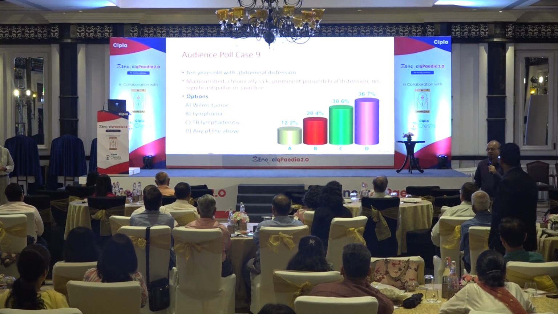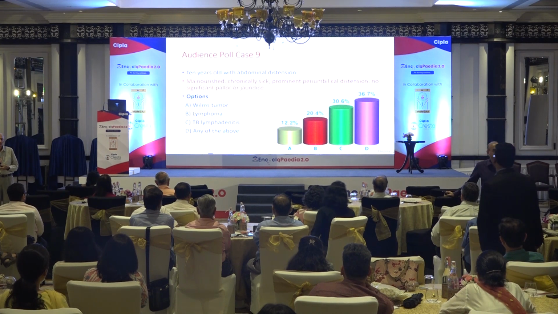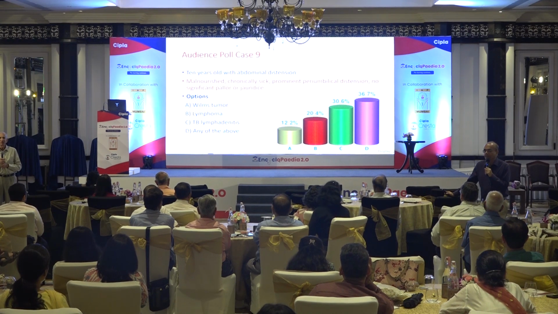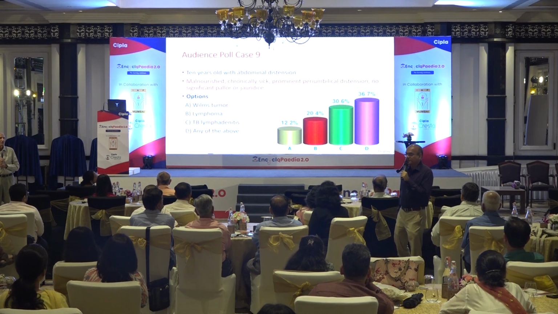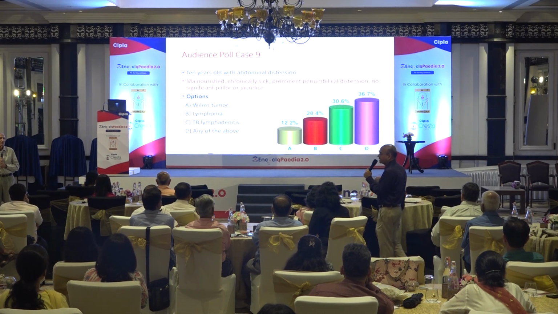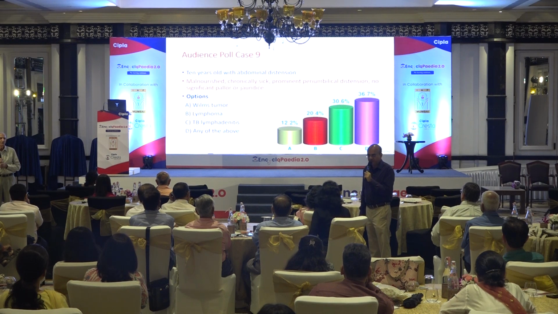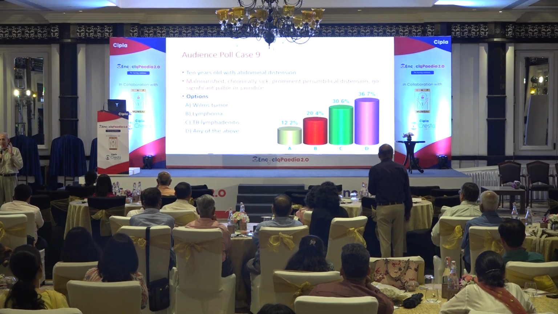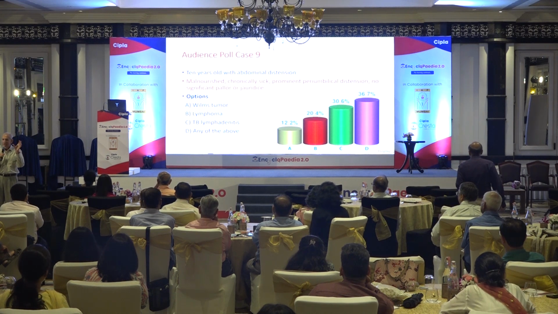So periumbilical distension means what is the anatomy? What structure is giving rise to the distension? Small intestine and lymph nodes and peritoneum. Three things. But localized, so it has to be lymph node, right?